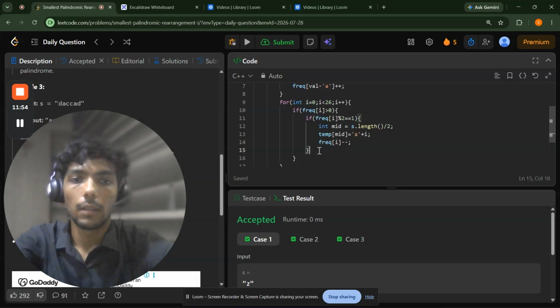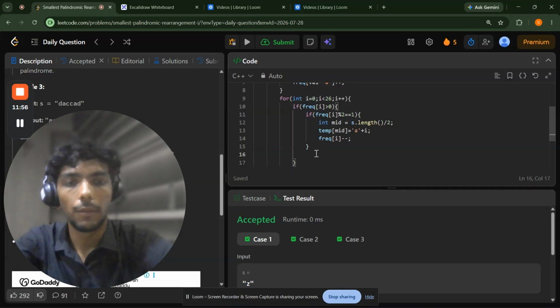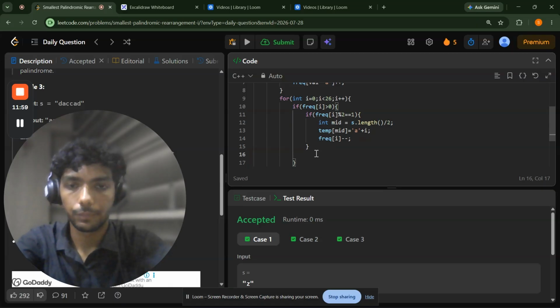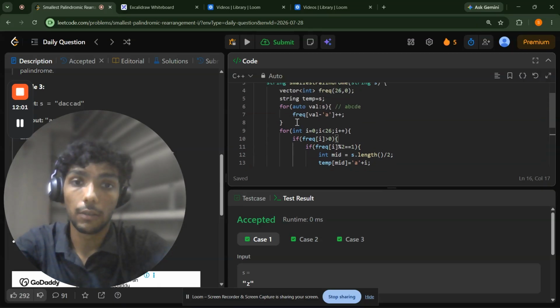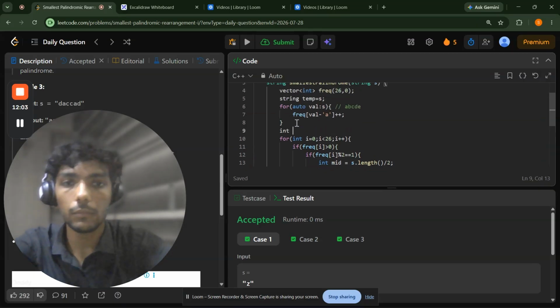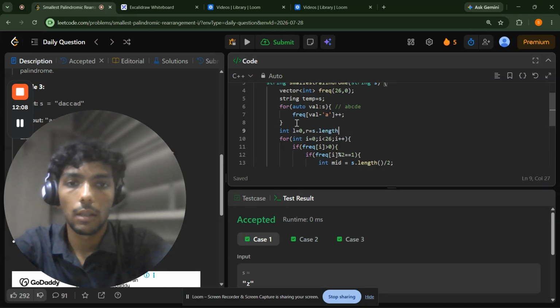Now all are even. Now these numbers become even. Now what we will do is we need L over here as well. L equals 0, R equals S dot length minus 1.